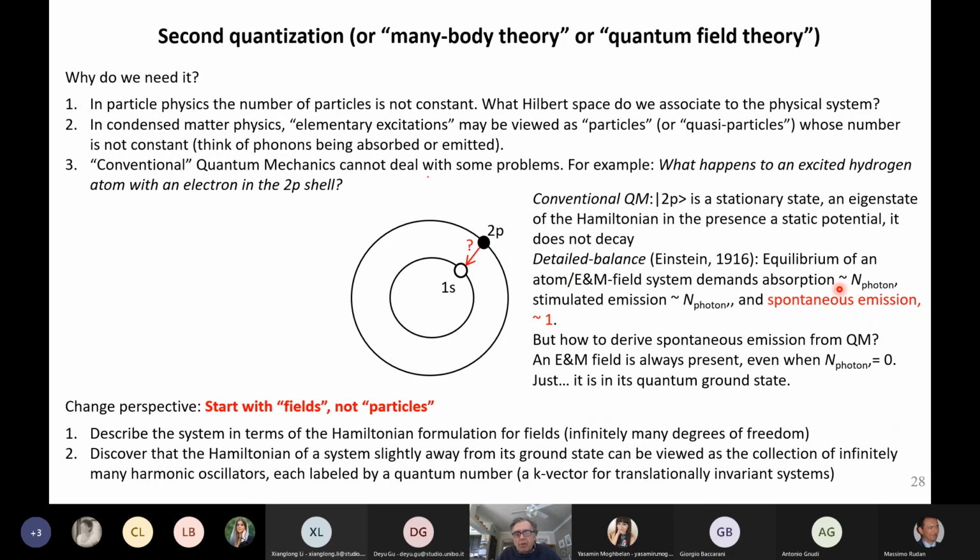In addition, there should be spontaneous emission. This kind of makes sense, although if you think about it, the idea of quantization of the hydrogen atom came exactly from the early Bohr-Sommerfeld quantization idea, in order to prevent this decay.